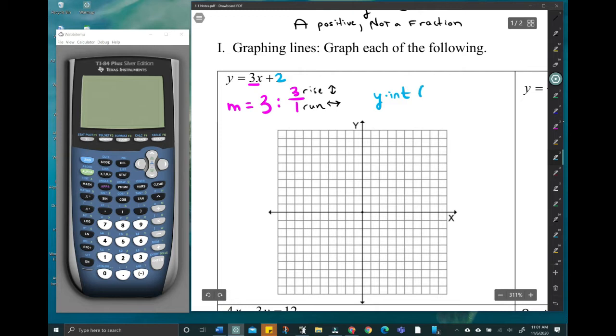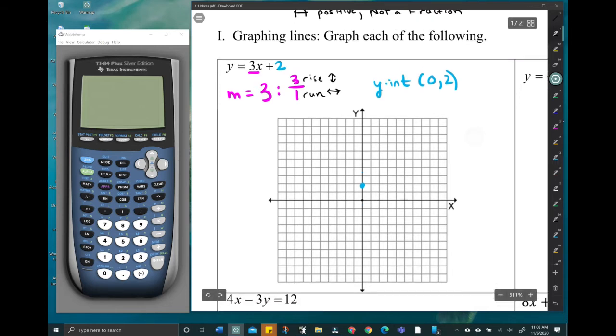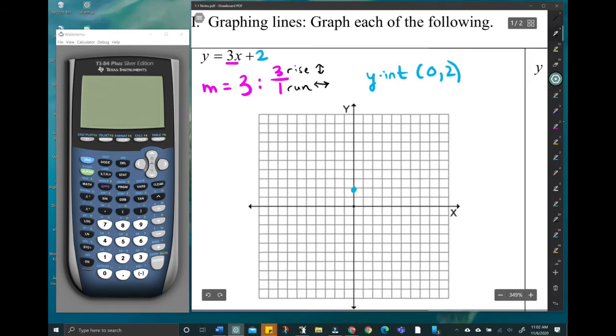So I'm going to plot that point on the graph, (0, 2). Okay, from there, we reference the slope. We rise 3, so 1, 2, 3, and we run 1. So I plot that point, (1, 5).